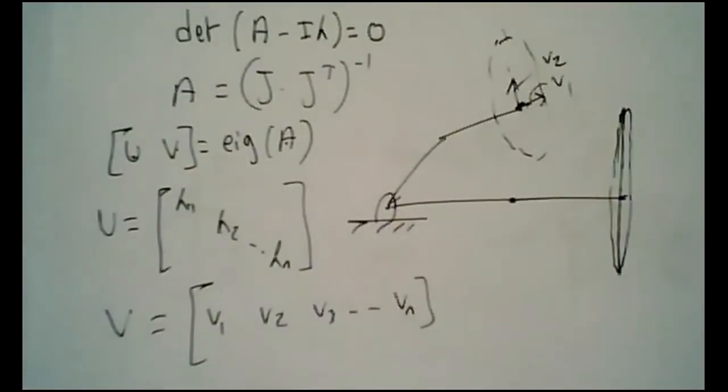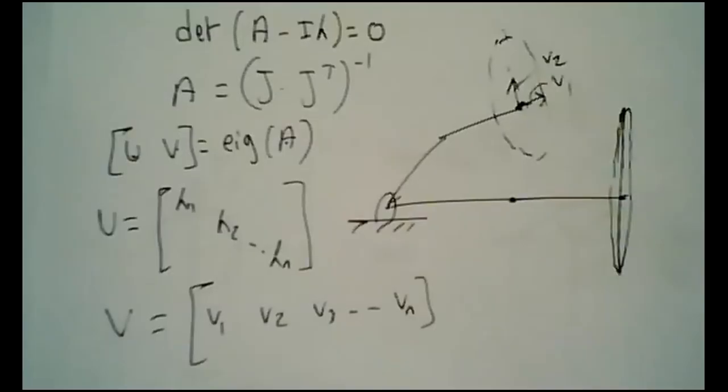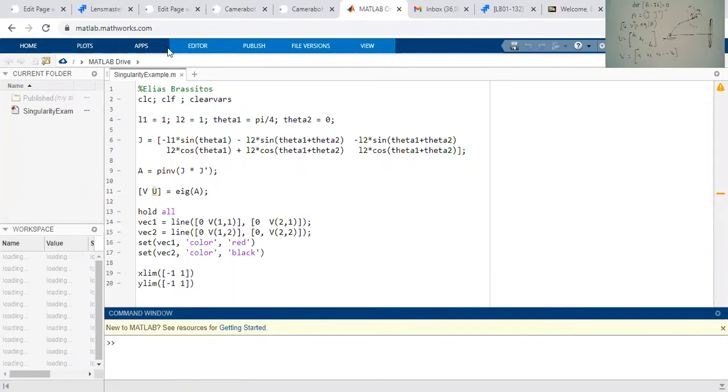Okay, let's go to Matlab and then I can show you the example. So this is Matlab, and this is, by the way, an online version of Matlab, which you can also access.